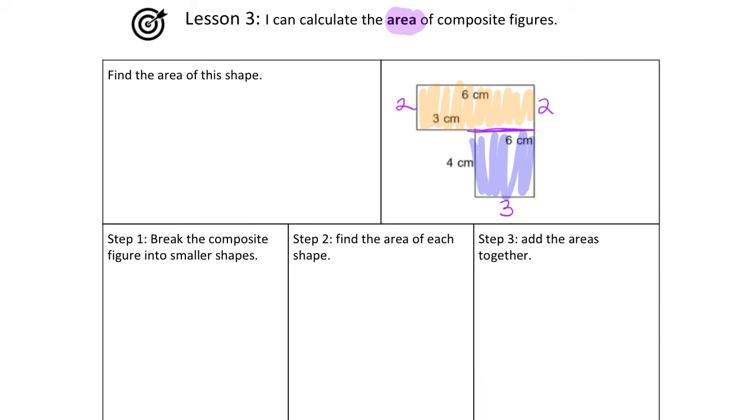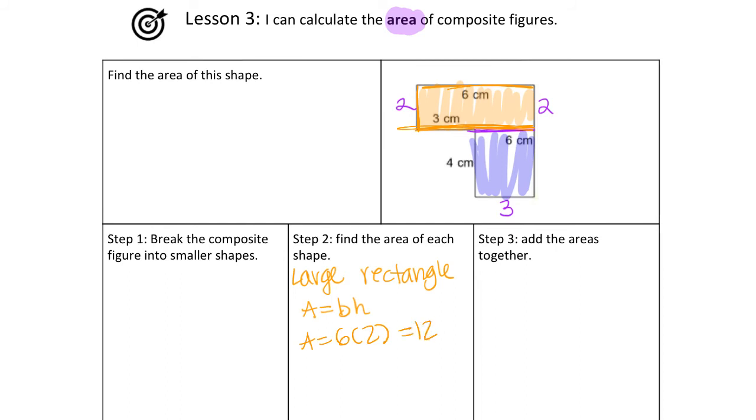So we're going to say the area of the large rectangle, the area is base times the height. Well, here's my whole base. It has a length of 6. And my height is 2.